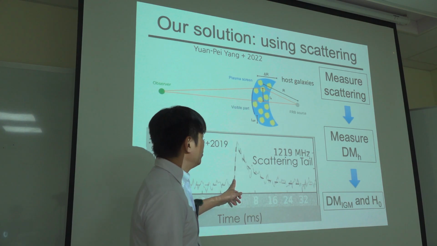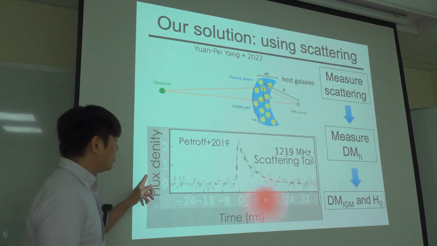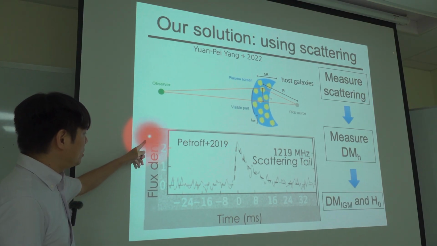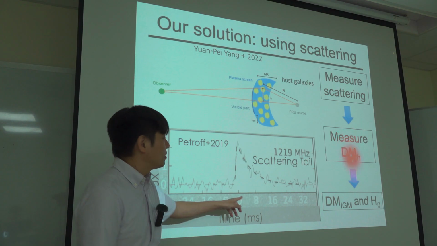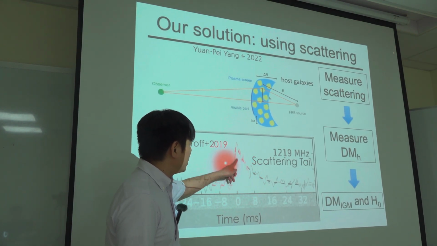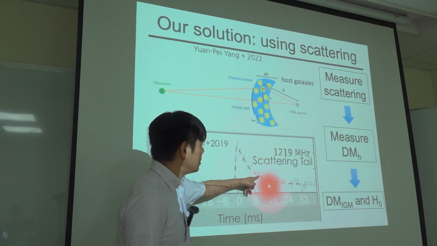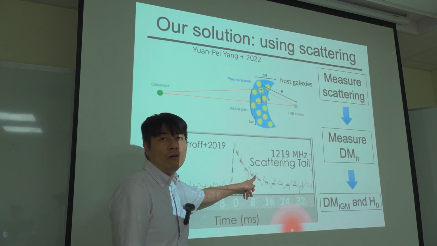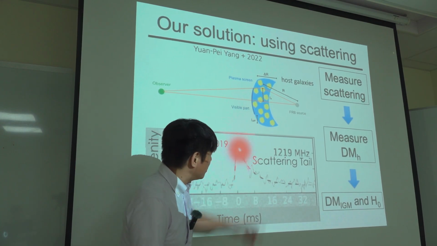So therefore, we can see here, this is the light curve of an FRB. Say the y-axis is flux density, how bright it is, as a function of time. Most of the emission arrives here, right? The bright part here. But I can see some tail here. This is emission coming late. Okay. So you see this tail, right?